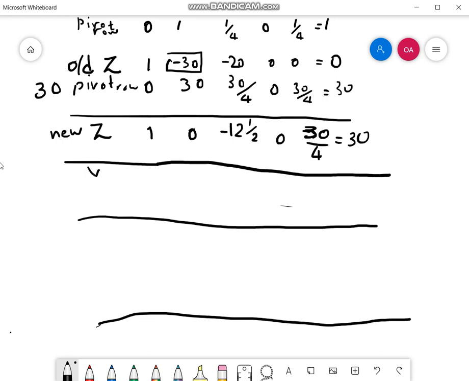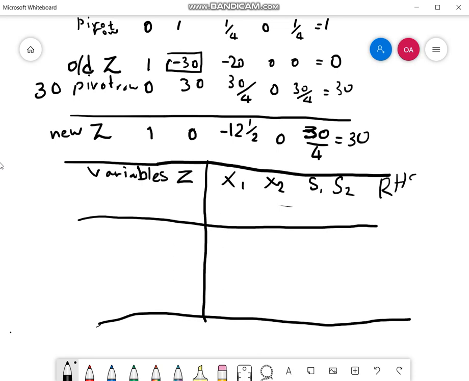So these are my variables, which have c, we have x1, x2, s1, s2 on the right hand side. Then we have the optimality.